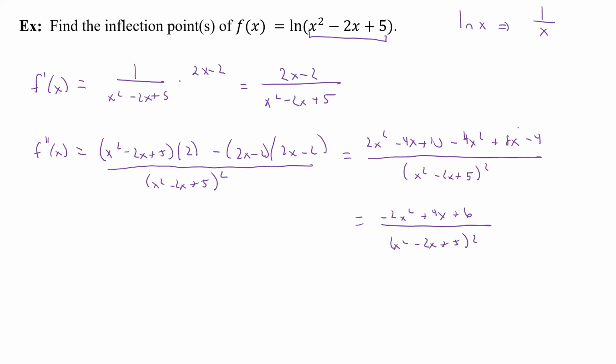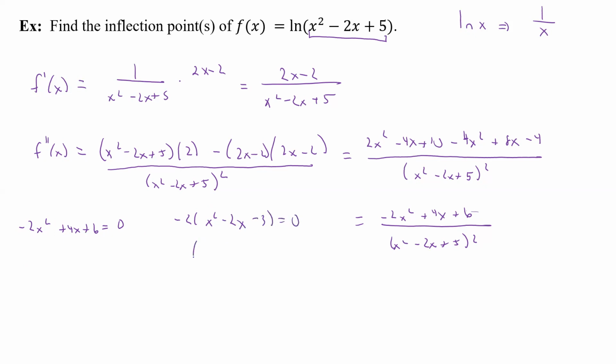Okay. So now we have to think about where this is going to be equal to 0. That's going to be when the numerator is equal to 0. We might run out of page here, but that's okay. So we have minus 2x squared plus 4x plus 6 equals 0. There's a negative 2 I can factor out of that, so that's negative 2 times x squared minus 2x minus 3 equals 0.